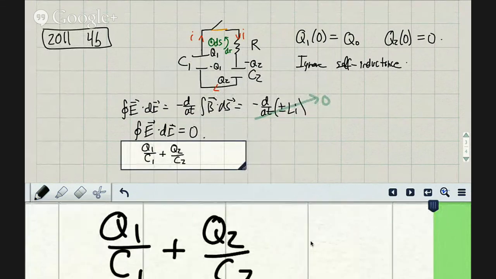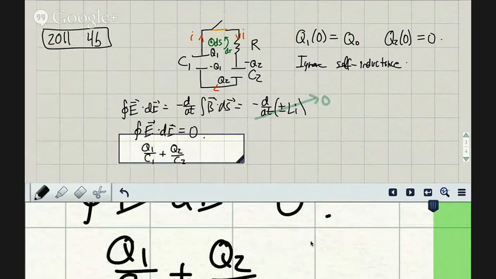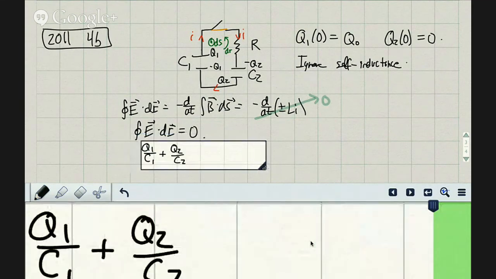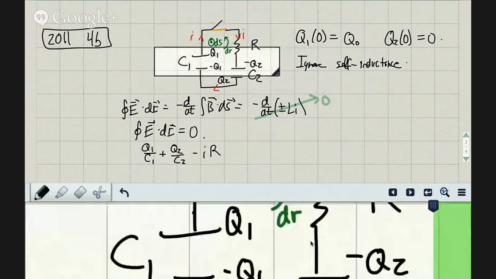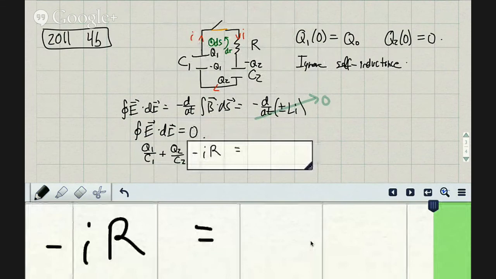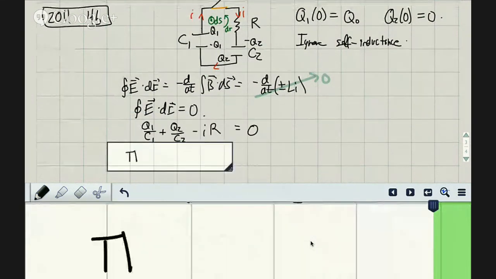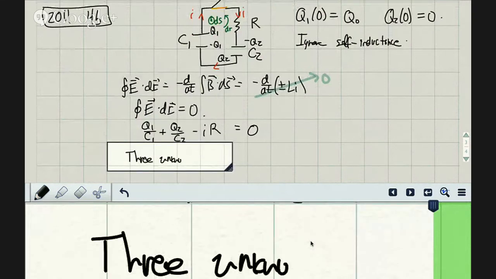Once again, this plus sign here could be a minus if I just switch my labels, right? Hope you understand that. Please take some time to convince yourself that's true, if that's not obvious to you right now. Okay, and then minus IR is going to be across here, and then that's it. That's equal to 0. Okay, so you have 3 unknown functions.